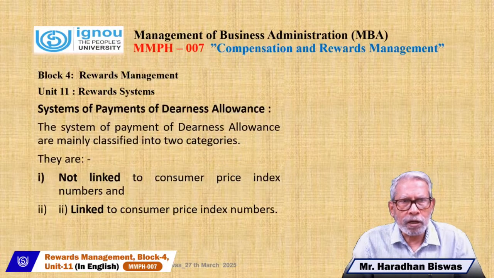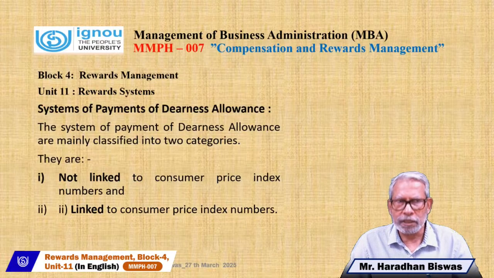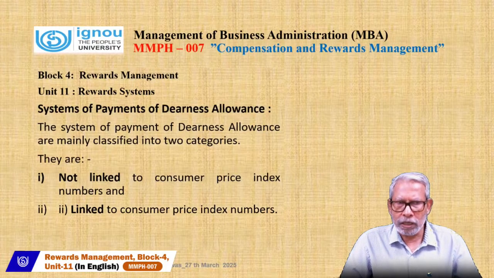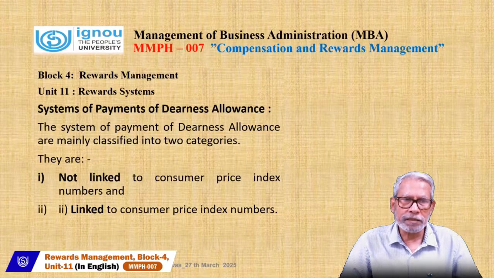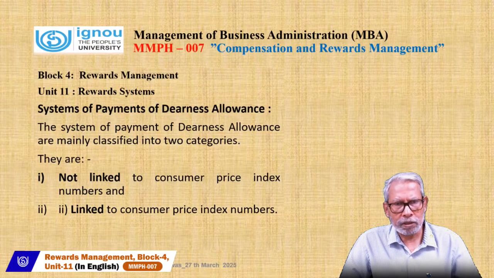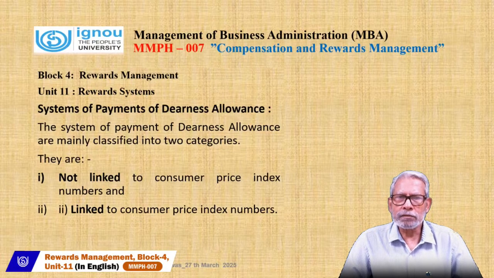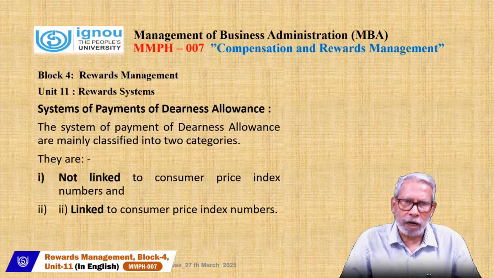Now, the system of payment of DA allowance: there are different systems, mainly classified in two categories. One is non-linked to the consumer price index, and another is linked to the consumer price index.